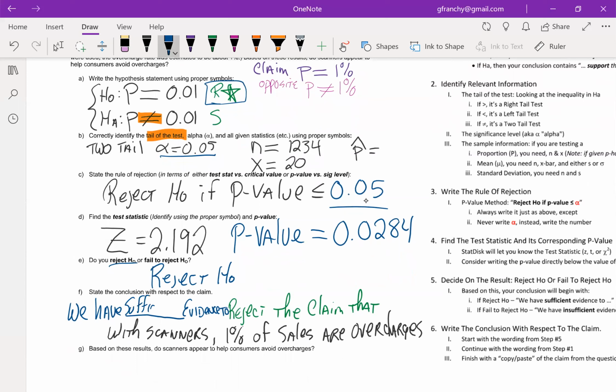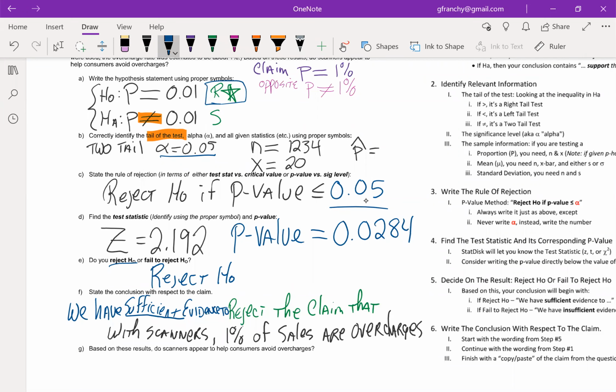So the way that you'll see it phrased, it'll be, we have sufficient evidence to reject the claim that with scanners, 1% of sales are overcharges. So according to our evidence here, we don't know what the true proportion is, but we've got enough evidence to say that it's not 1% anymore.